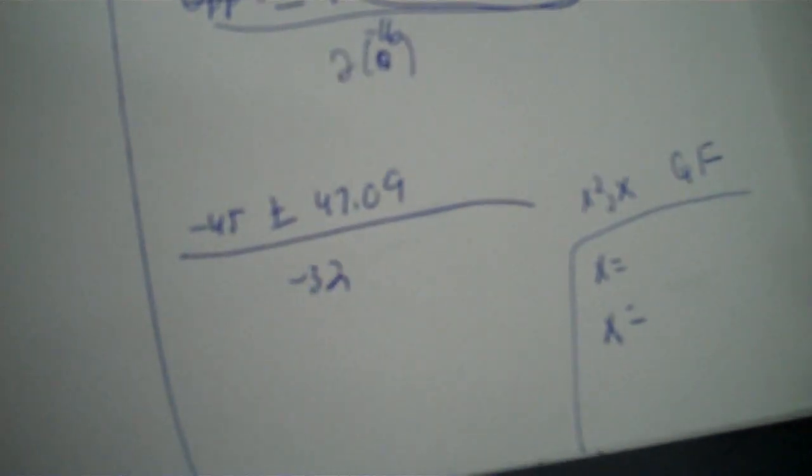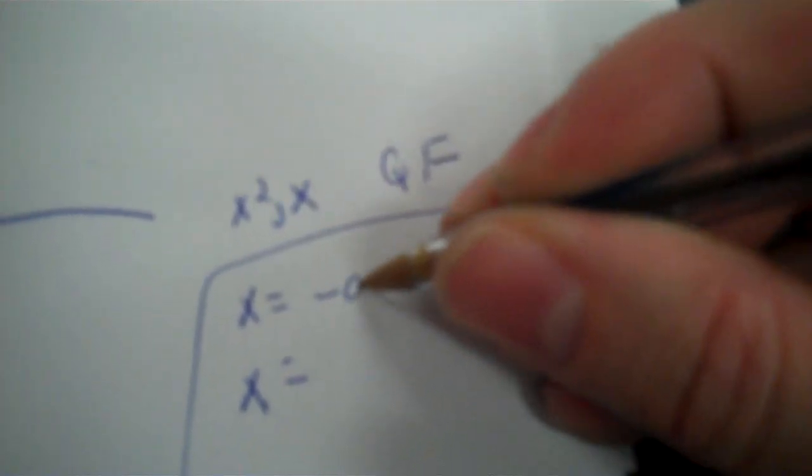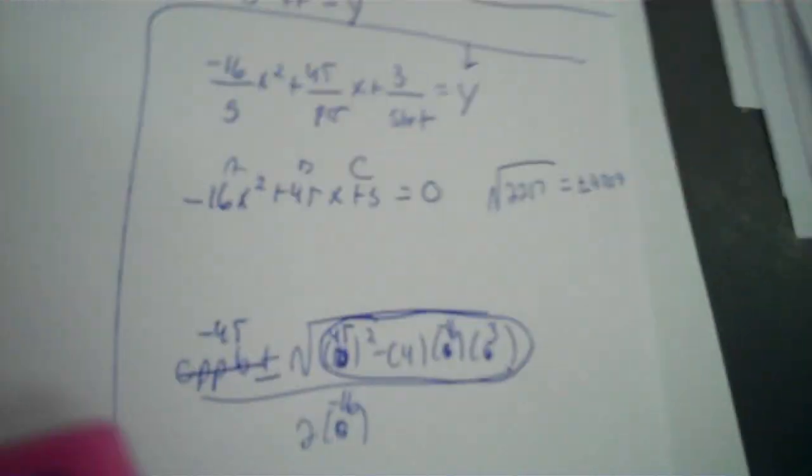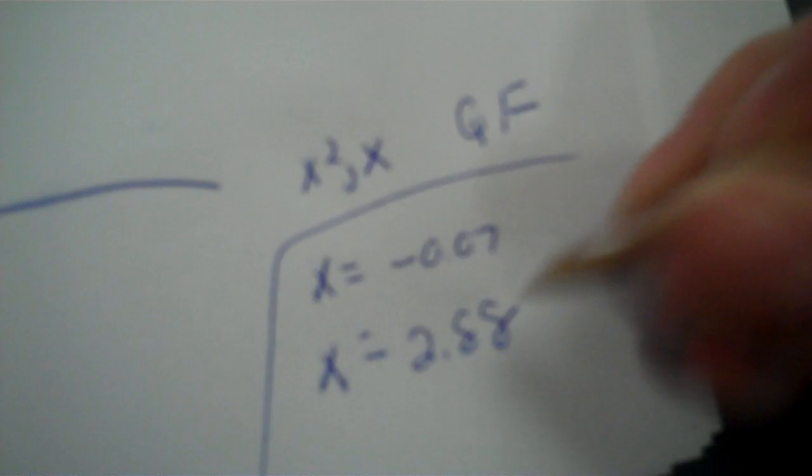Then we solve it. So negative 45 plus 47.09, click equals, then divide by negative 32. So I got negative 0.07 when you round to the nearest hundredth. Divide by negative 32, 2.88. Now don't bring the negative over. The only answer is 2.88 seconds.